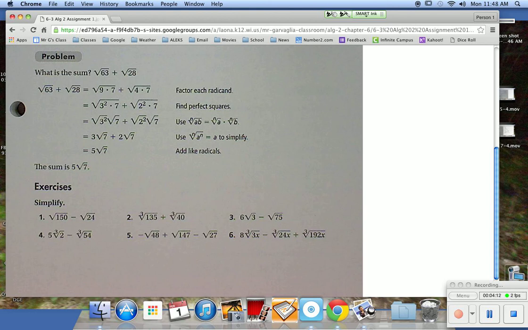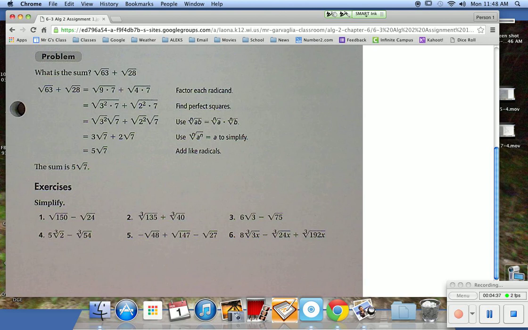Divide 192 by 3. 64. We can do a cube root of 64. Is it 8? No, 4. 4 times 4 times 4 is 64. Well, you can figure that out. I've got you guys on the right path.